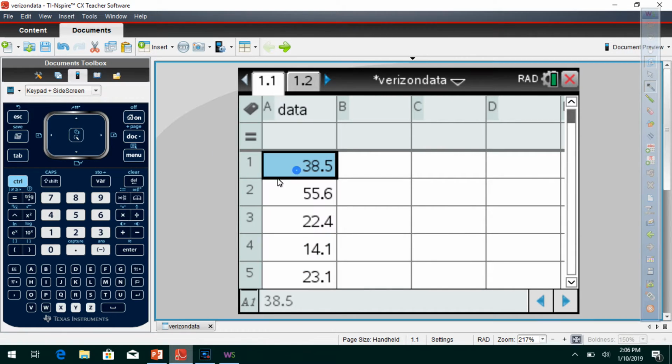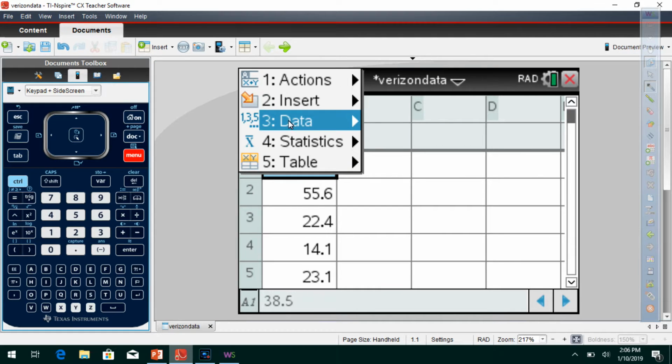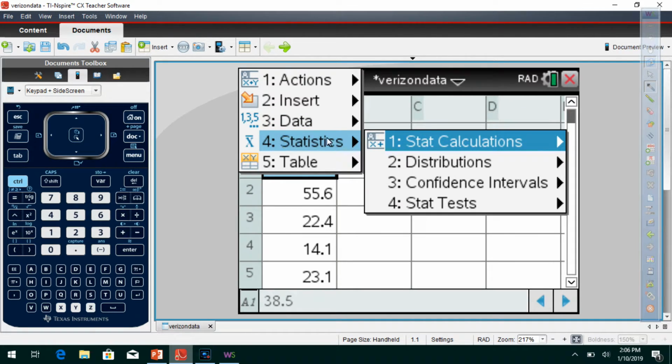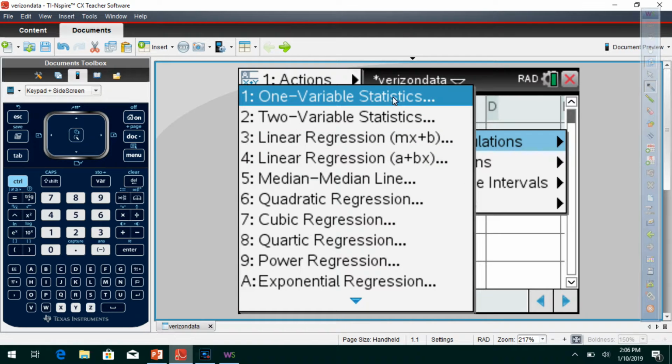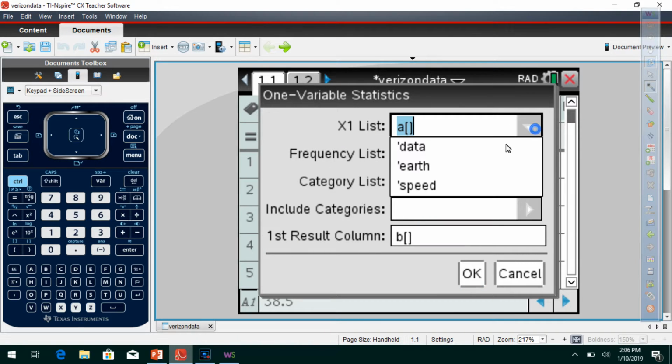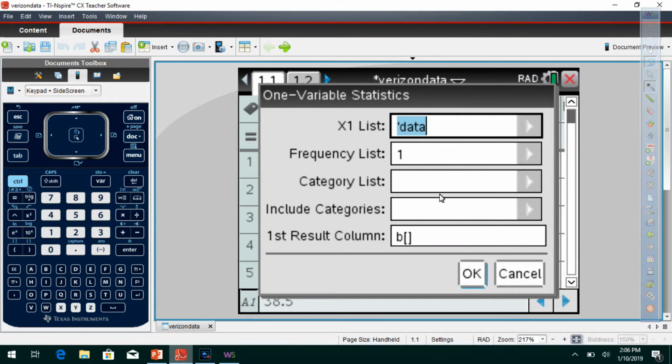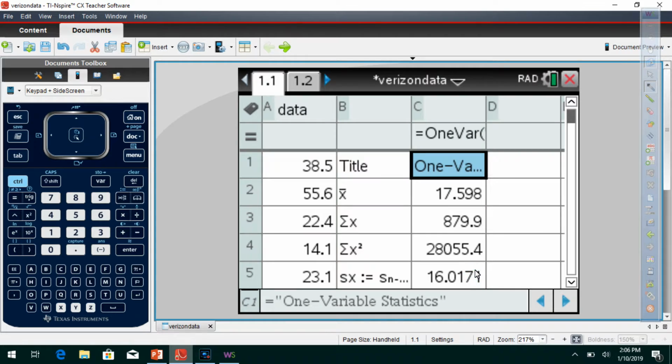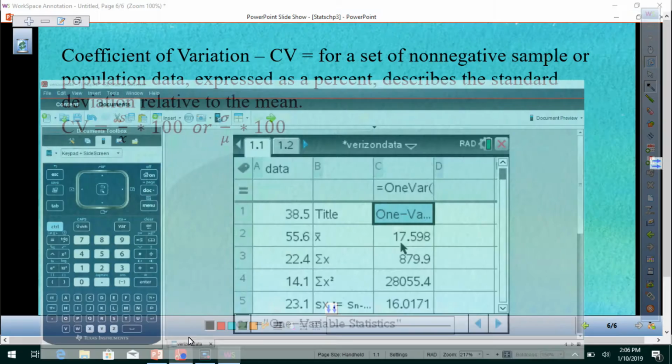I'm going to say menu 4 1 1, and then number list is 1, and we're going to use data. Okay. And there we go. 17.59, that's for all 50. Basically, we'll say 17.6.